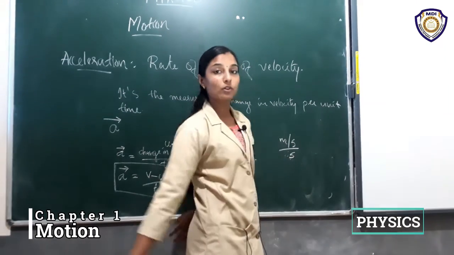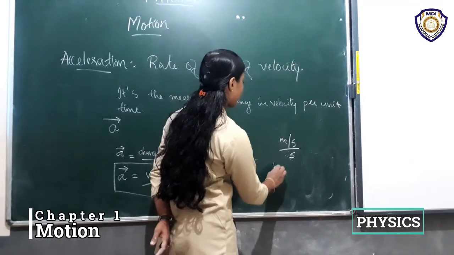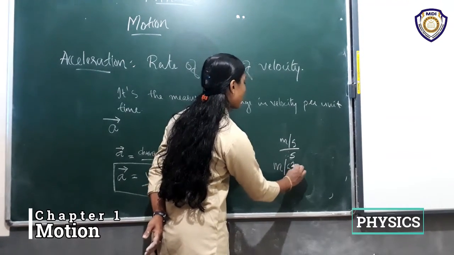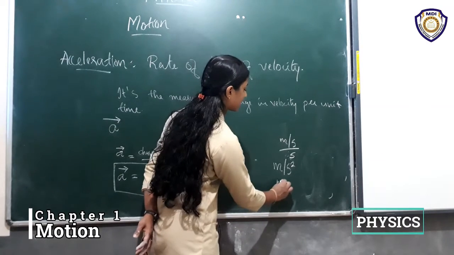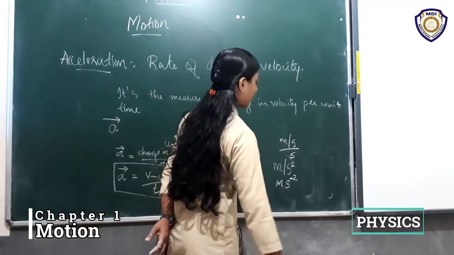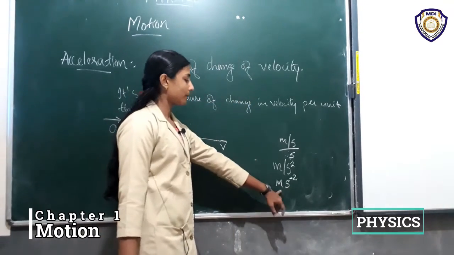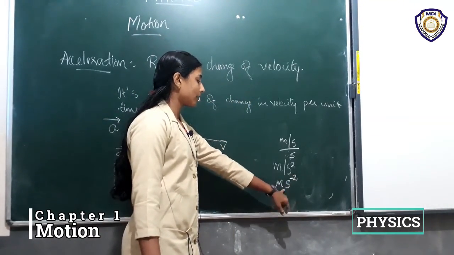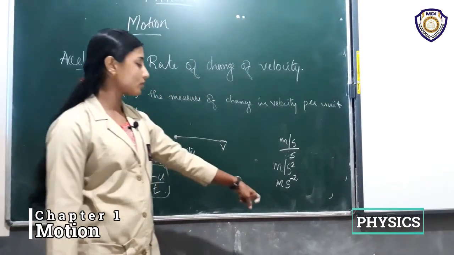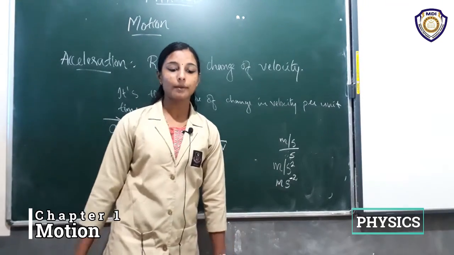So what will be the unit of acceleration? The unit of acceleration is meter per second square, right? We can write it like this, okay? So this is the unit of acceleration, okay?